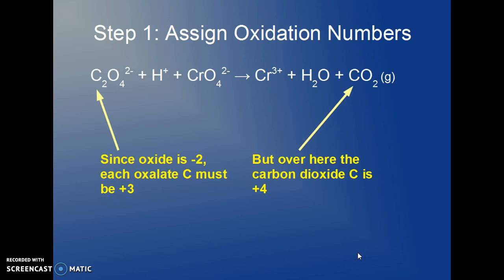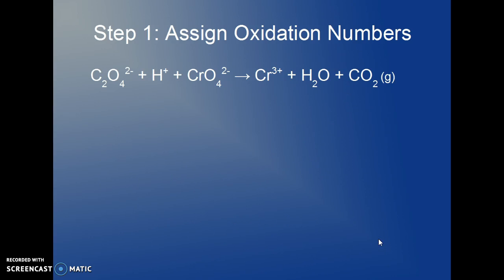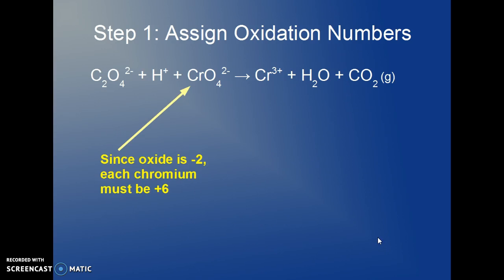On the other side, the carbon dioxide carbon, and we all know, is +4. Therefore, a change from +3 to +4 must involve a loss of electrons. This is the oxidation.